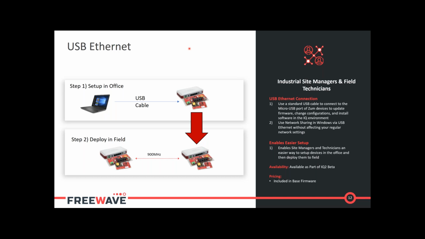Through that, you can update software, access the Zum website, and also install software in the IQ environment. And we've made it easier for you to use the network sharing feature in Windows to get internet to your Zum device without having to mess around with the settings once you're going to take it out and deploy it in the field. So this just makes the setup easier, and this is part of the beta but included in the base firmware.